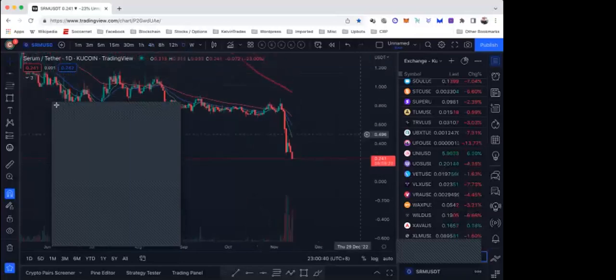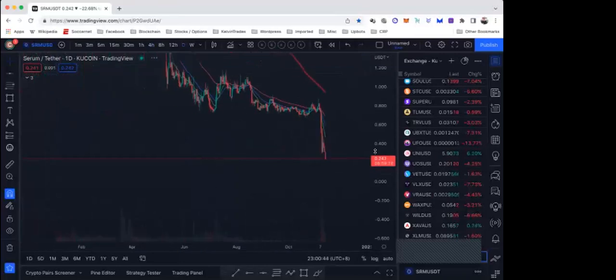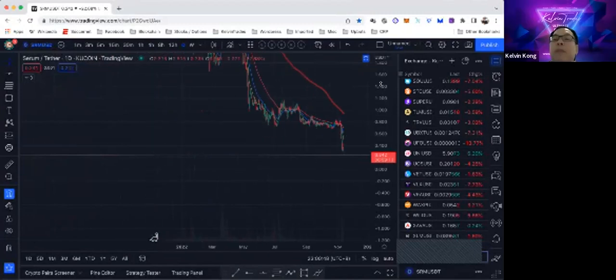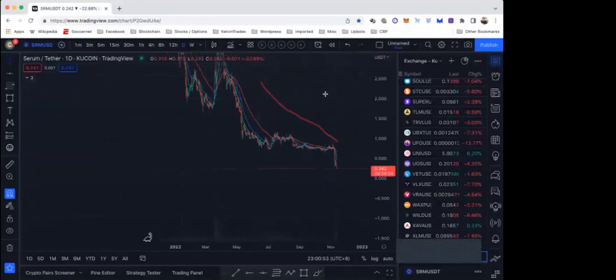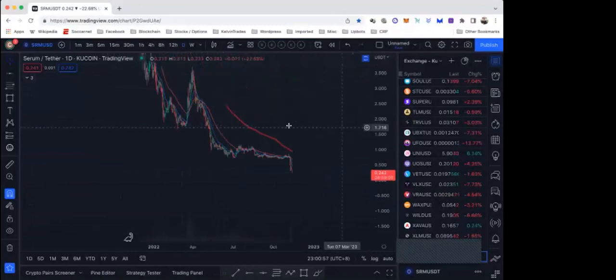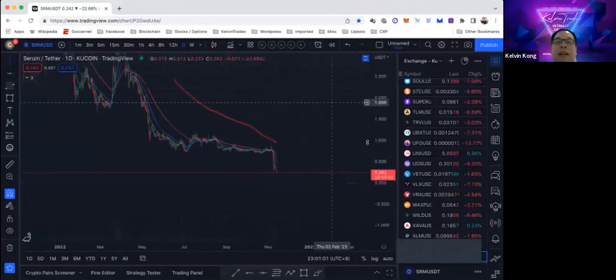You just look purely at candles and primary school lines. Straight lines. Okay, no support at all. This coin is in bad shape.